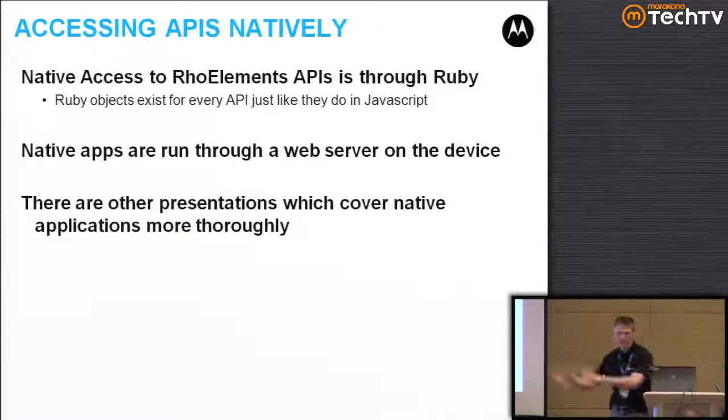This is just a one slide in passing, chuck some knowledge at you. Native apps are run on a web server on the device, so you have all of your Ruby code in your web server, and your view is over here being rendered in the Motorola WebKit, and they're communicating in a client-server relationship. You can think of it that way. Certainly for the view to controller communication, it's client-server.